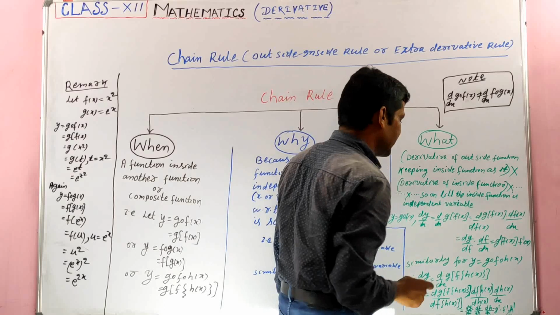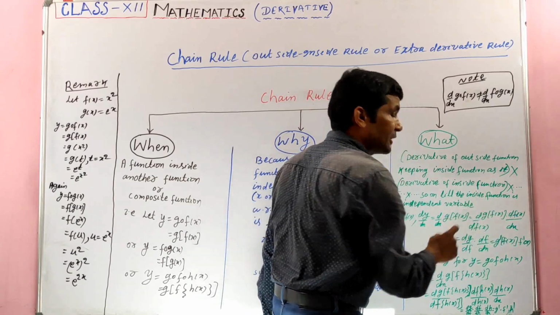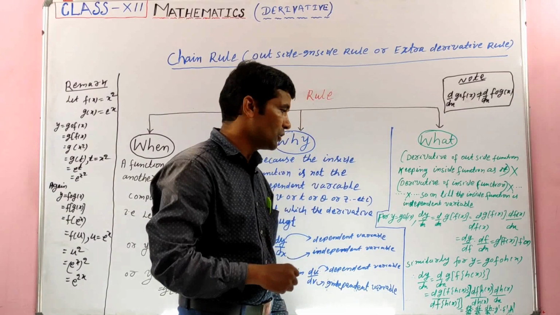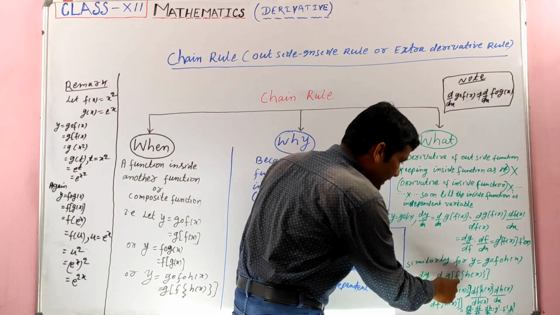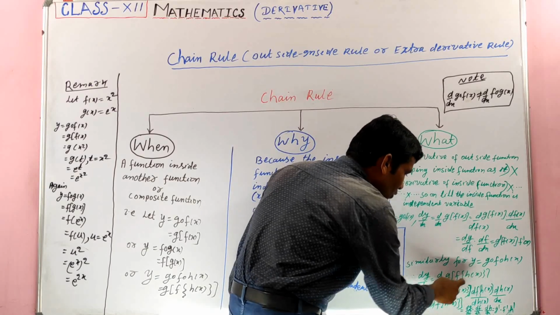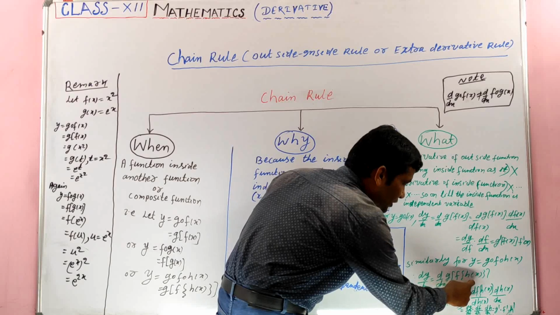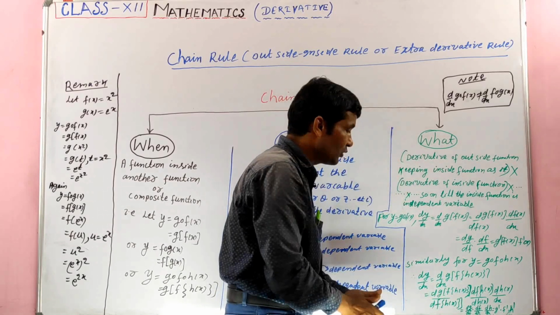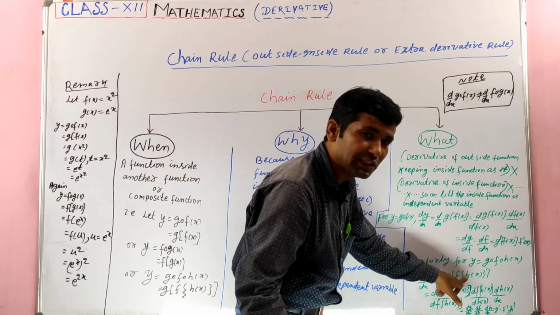Similarly, for y equal to, suppose, g of f of h of x, a composition of three functions. Here dy by dx equal to d by dx of that composition. So we can adjust it: the outside function is g, then the inside function is f, then the inside function is h.